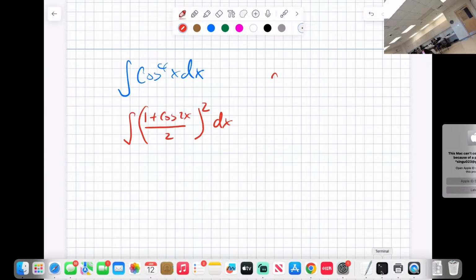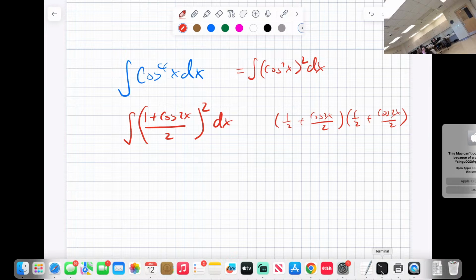First of all, this should be rewritten as cosine squared of x times cosine squared of x, cosine squared of x to the 2 dx, and cosine squared of x equals 1 plus cosine of 2x over 2. Now, I can think of this as 1/2 plus cosine of 2x over 2, squared.